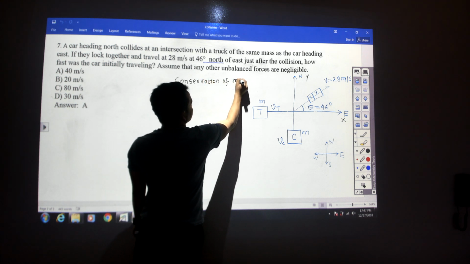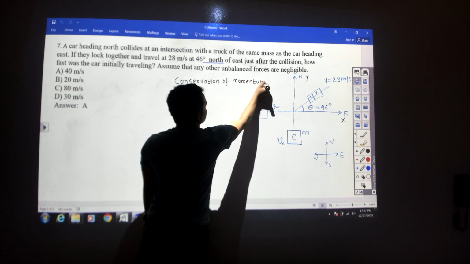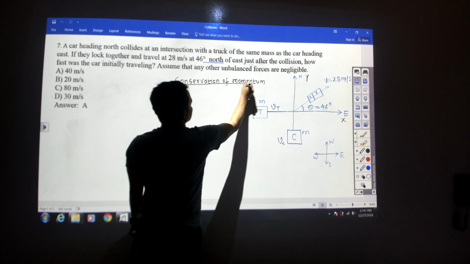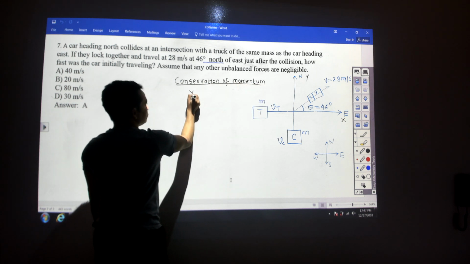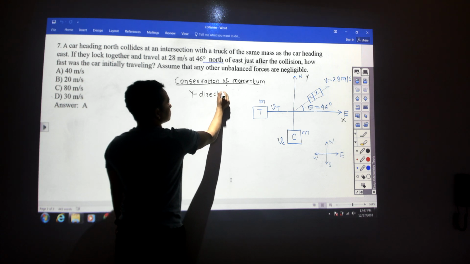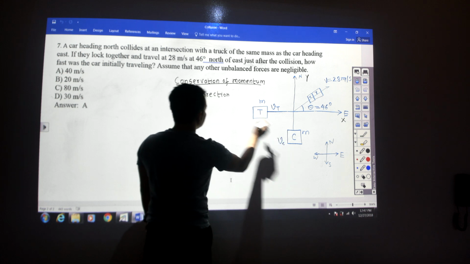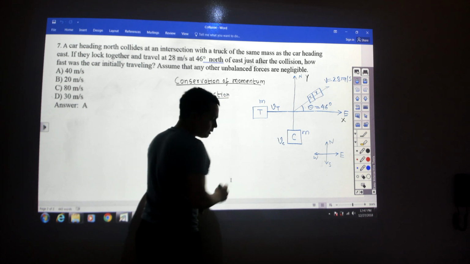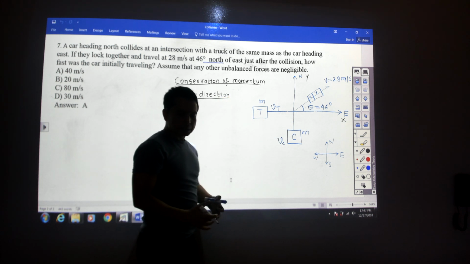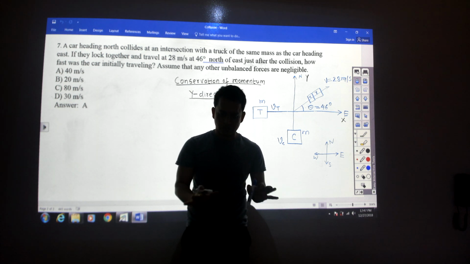Conservation of momentum along the y direction. The initial momentum and the final momentum along the x-axis and y-axis have to be conserved.